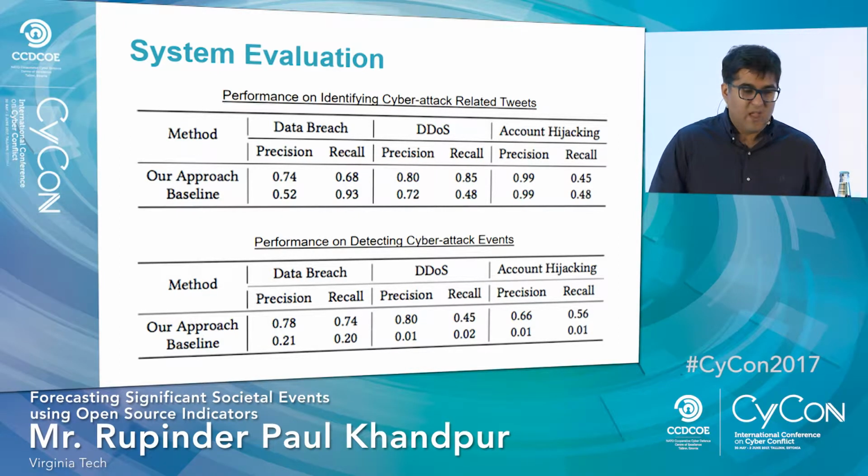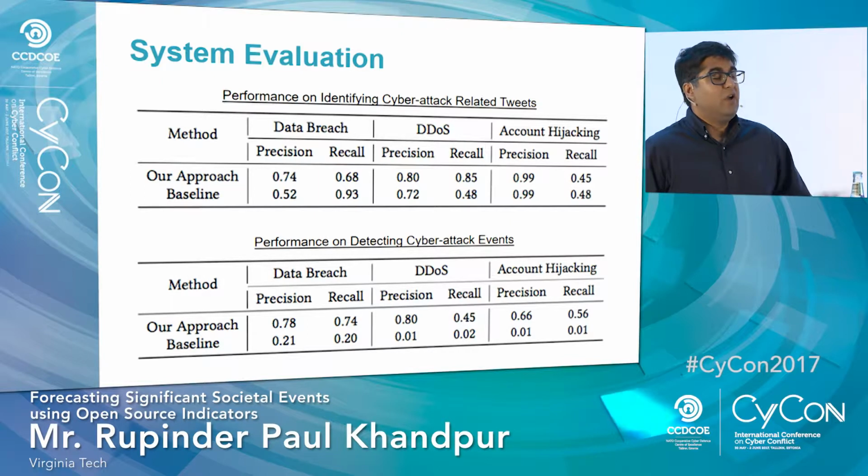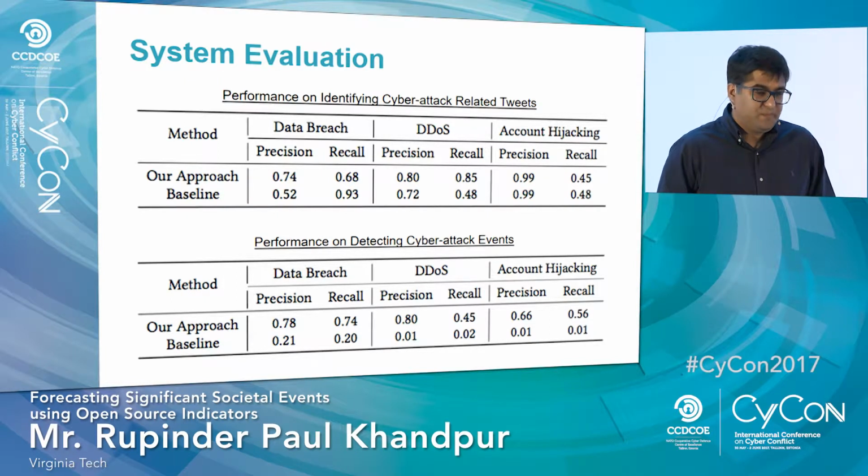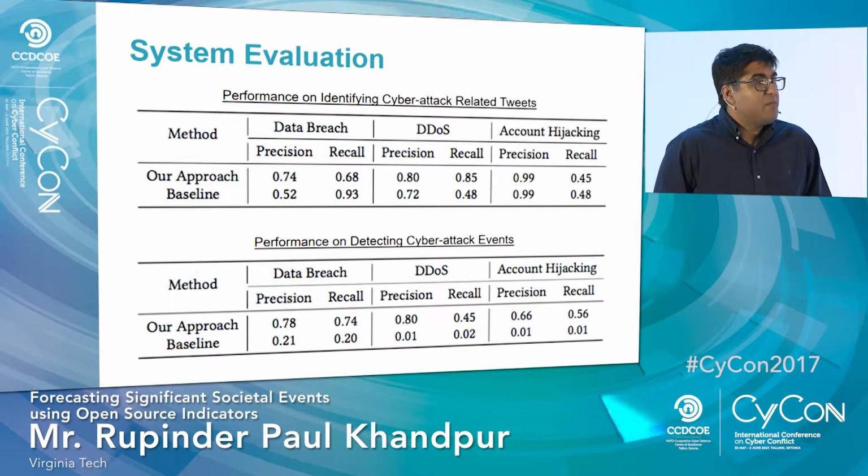And then the second table is about how using that data, using that clear signal that some cybersecurity-like event has happened, how good are we to characterize that event into a full-formed forecast. So you'll see that our precision in both categories is pretty good. We are well over 75% in most cases. In certain cases, recall is compromised for a better precision, better quality of those event detections.